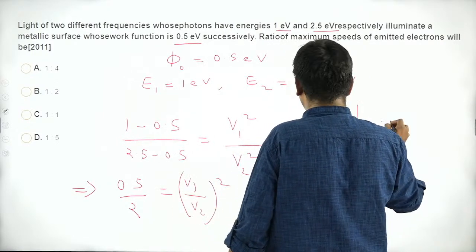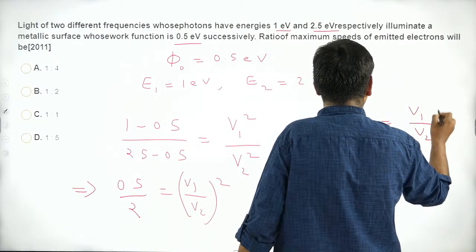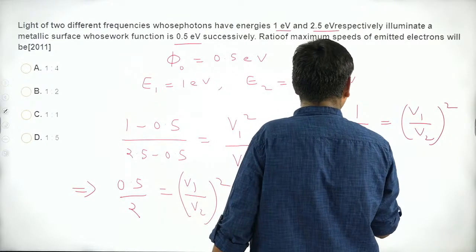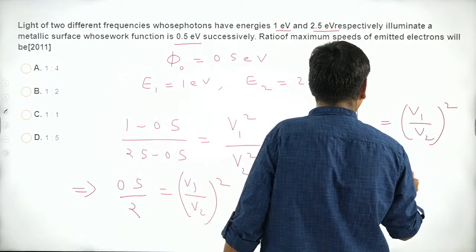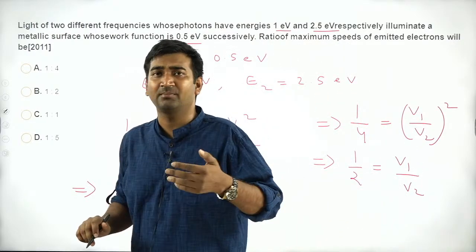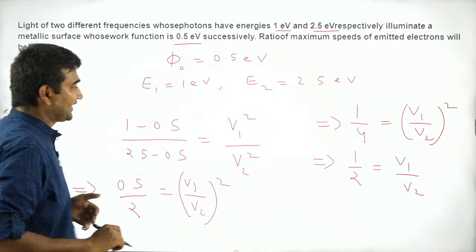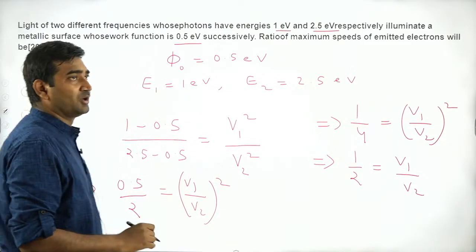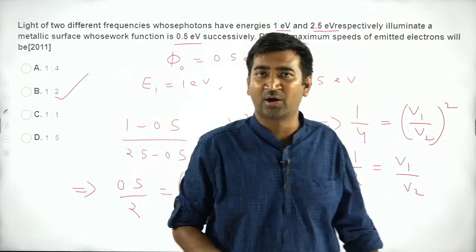So 1 by 4 is equal to V1 by V2 whole square, and that will be making the ratio as 1 by 2. So V1 by V2, these are V1 V2 I have assumed the maximum velocity. So that is coming the ratio 1:2. Yes, we have an option number B, 1:2 is the option.